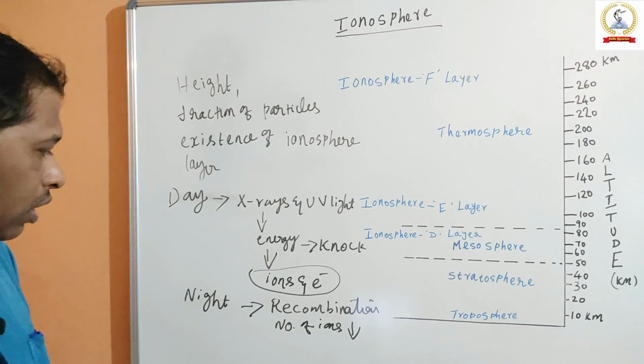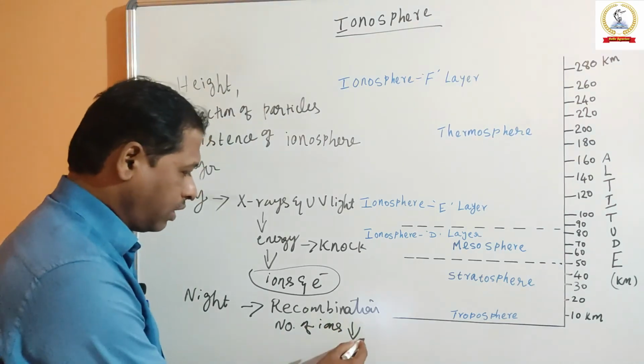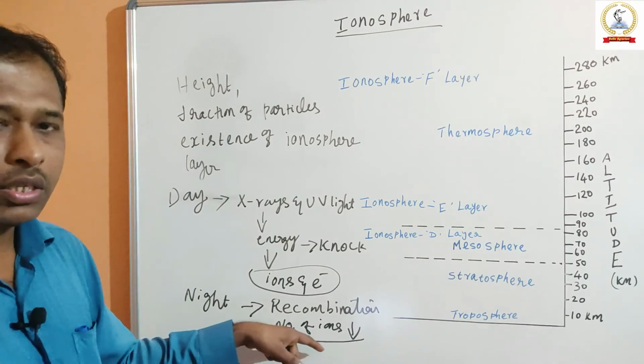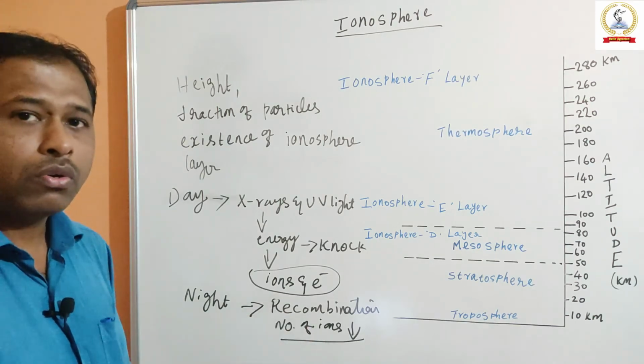So the number of ions will decrease with no sunlight.